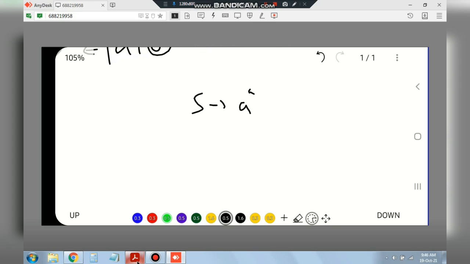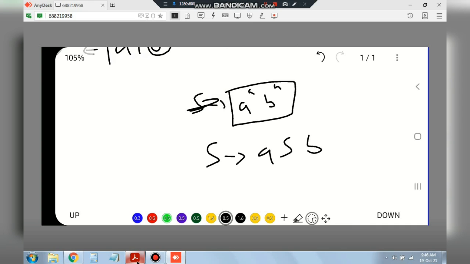Remember, the language S goes to A power n and B power n was defined in this way: S is equal to ASB, right? Instead of S we can substitute again AB and so on. The same thing we do whenever we get a question in this form, like here 0 power m and 1 power m.